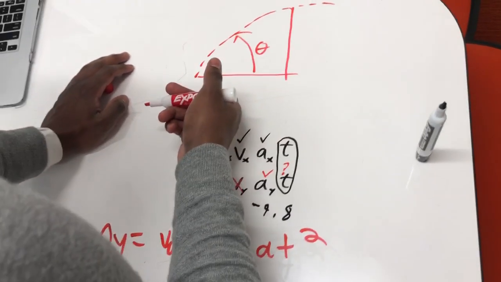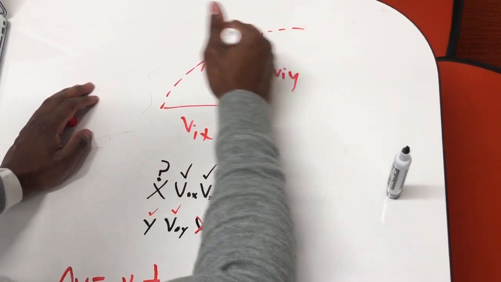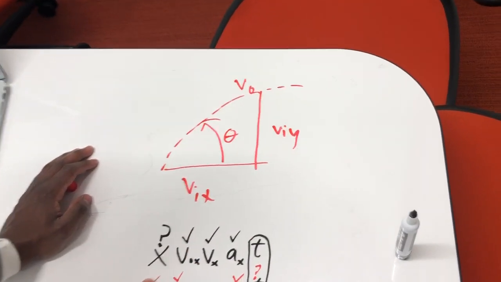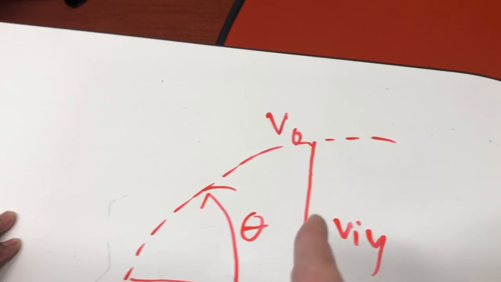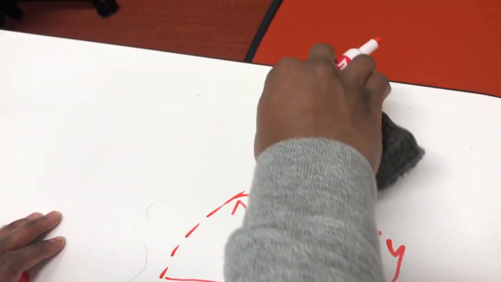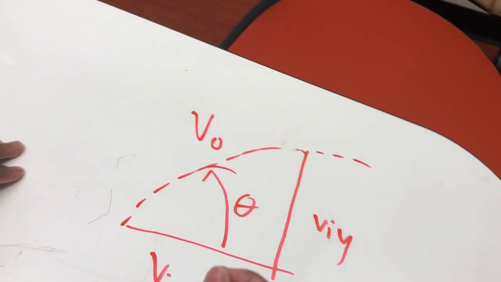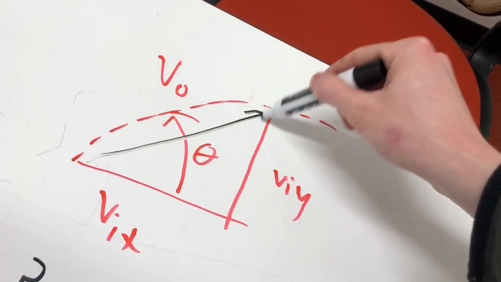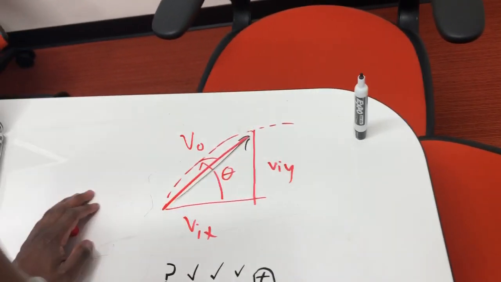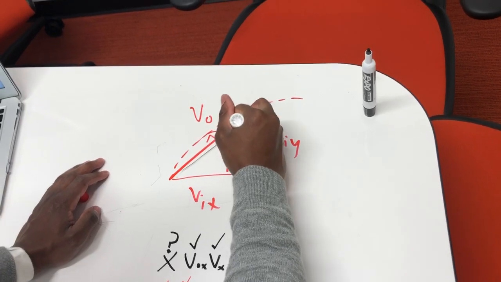You said vi of x, vi of y, and then this is vo, or vi, initial. That would be the hypotenuse of the triangle. So it'd be like this. So this is 53 degrees.